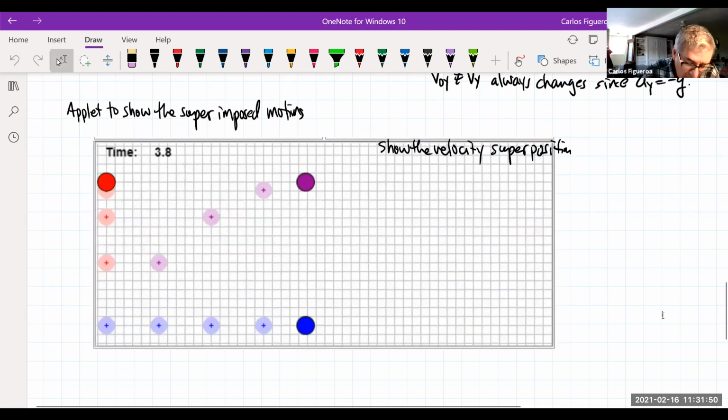When the ball shoots up, note that the length of these blue vectors should all be the same. Let's go look at this. But the red should be getting smaller. So check this out.